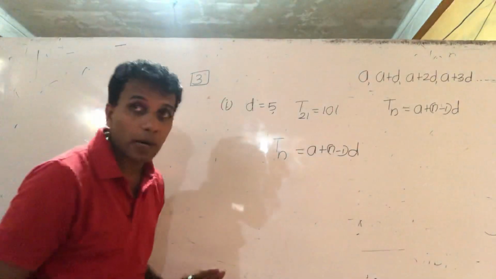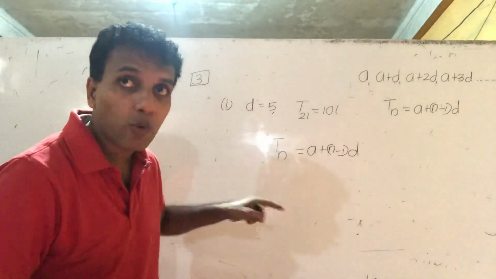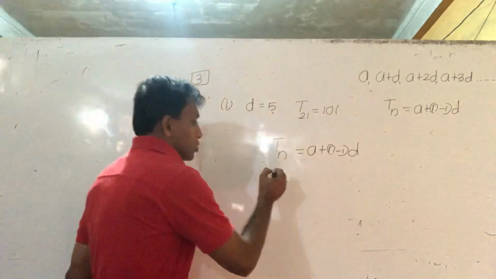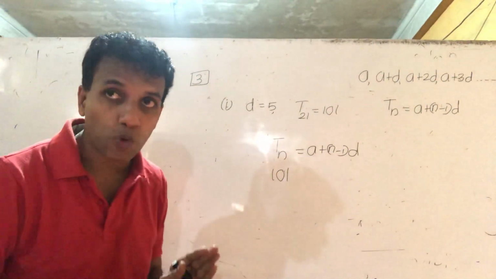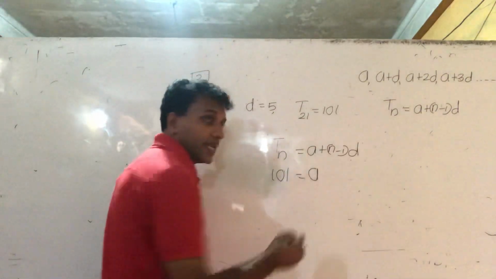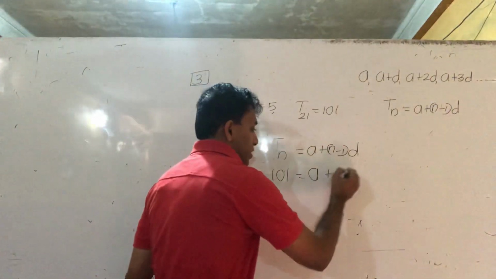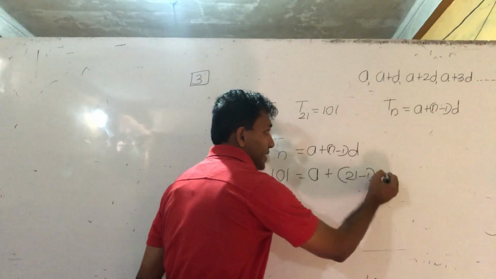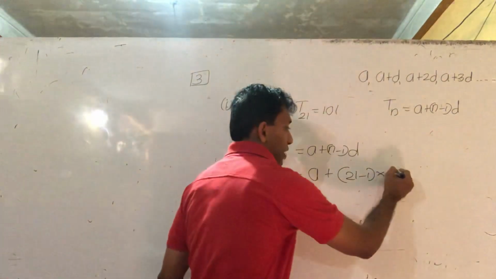For the 21st term, that is 101. So T21 equals a, where a is missing and unknown, we have to calculate it, plus n, for 21, minus 1, times d. What is d? 5, right? d is 5.